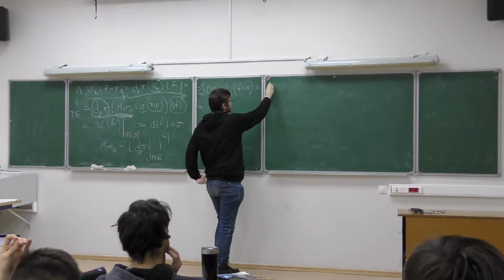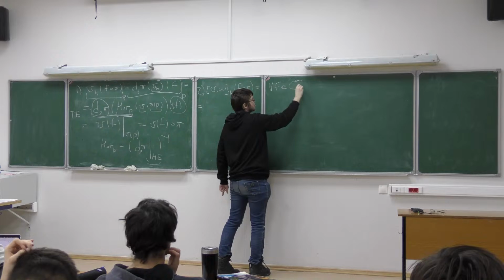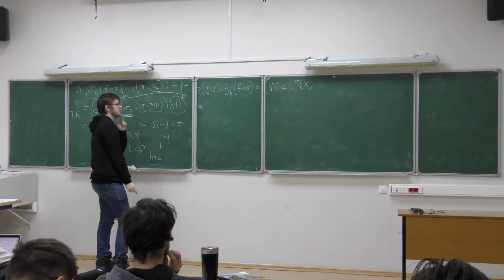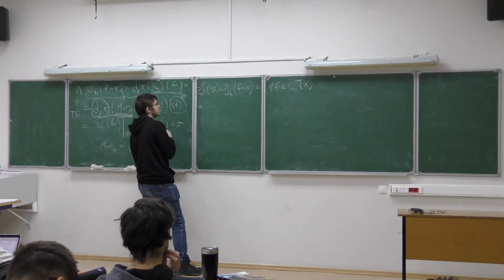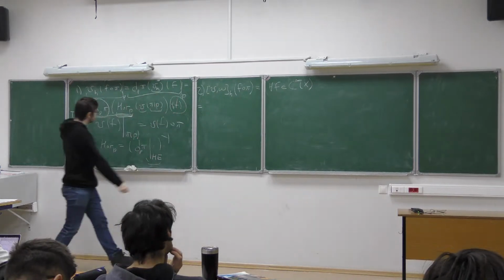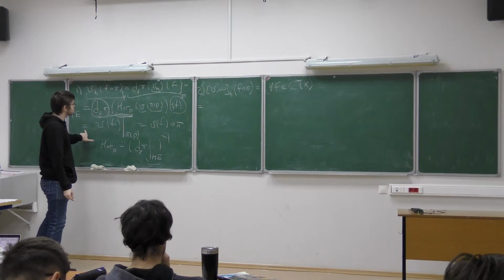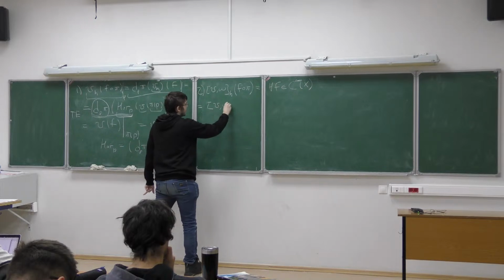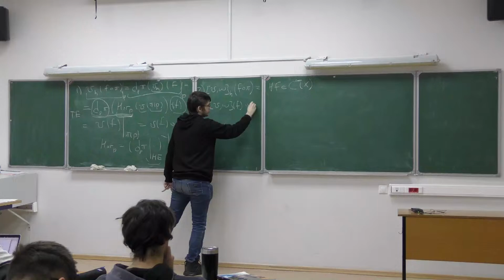Here f is an arbitrary smooth function on X. So we just need to use this equality. So we get that this at the point composed with P.